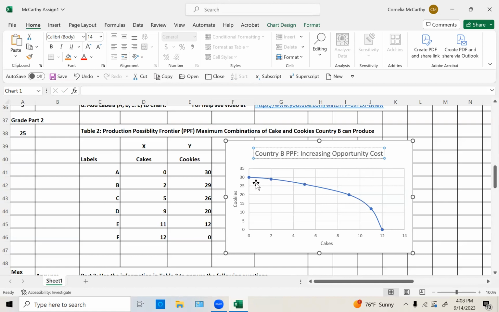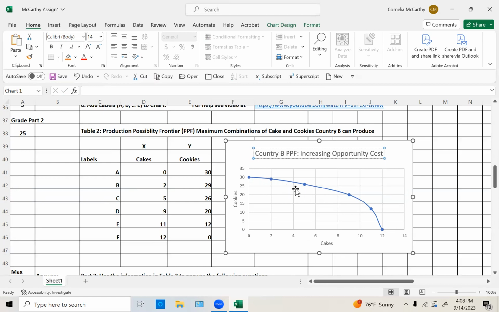And just to remind you, when the curve is very flat here, the slope or the absolute value of the slope would be very small, and where the curve is very steep, it's going to be larger. So the opportunity cost is increasing as the number of cakes produced increases. Another statement would be that at 4 cakes being produced, 1 more cake being produced is going to cost less cookies that can't be made than back here at 2.